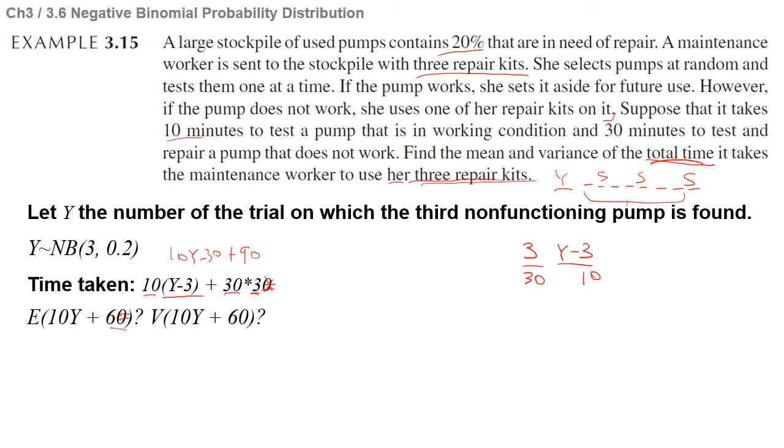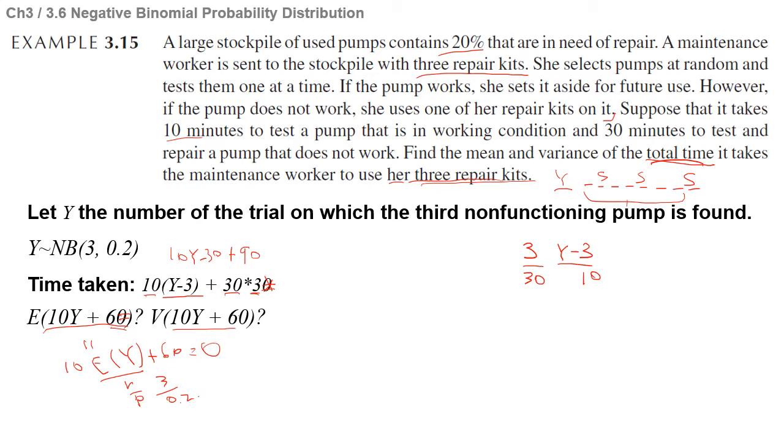What we want to calculate is the mean and variance of the total time. The mean is 10 E(Y) plus 60, and E(Y) is r over p, here 3 over 0.2, and you can calculate this number.